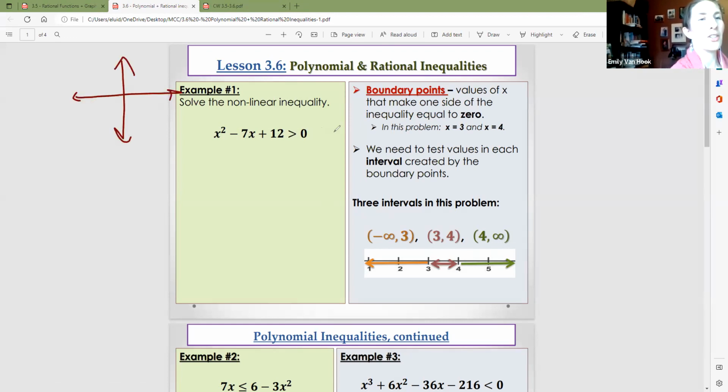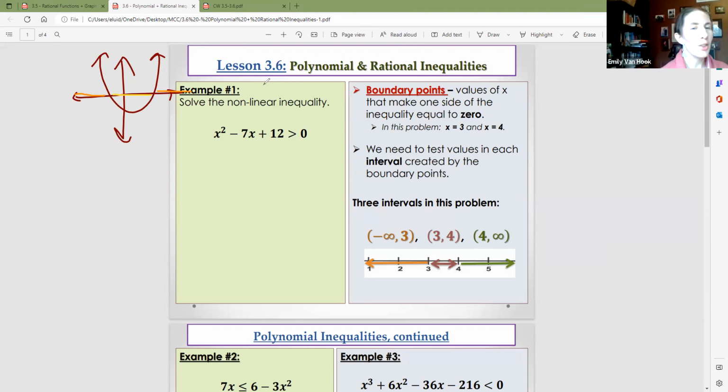Basically what we're going to end up doing is shading either above or below this parabola. We don't know which, but that's going to be part of the challenge to figure out. So either the answer will be the part of the number line in between the endpoints of the parabola or on either side.